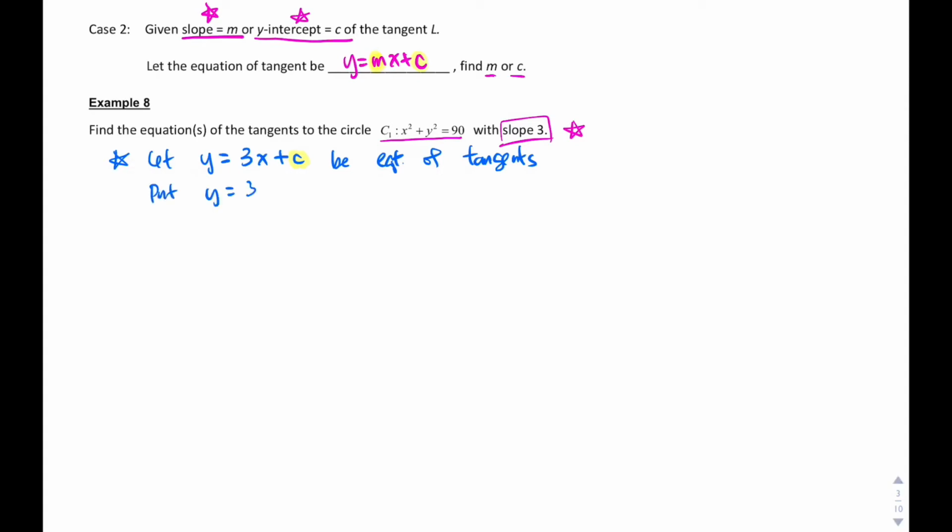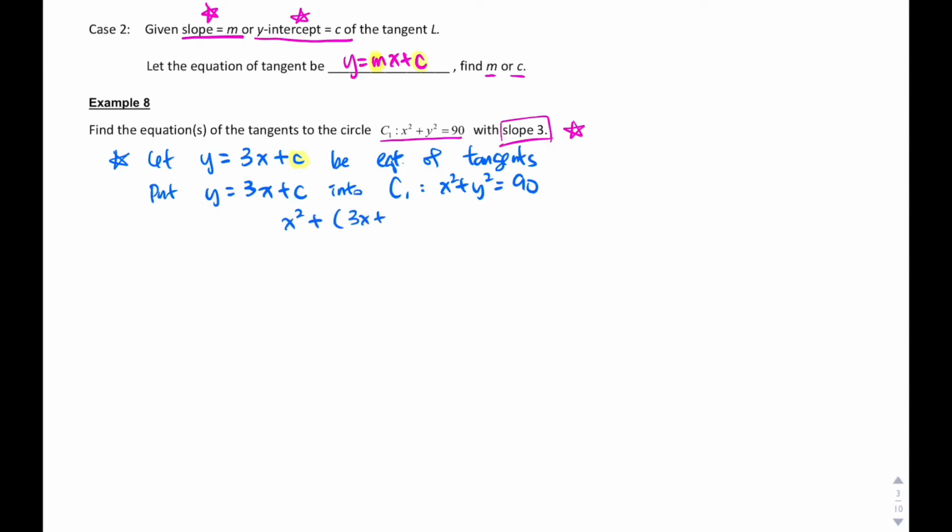when we put the equations of the tangent, the straight line, into the equations of the circle C1, they have only one intersecting point.